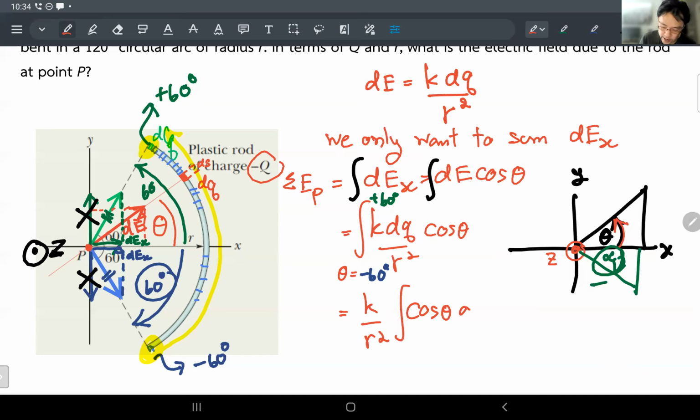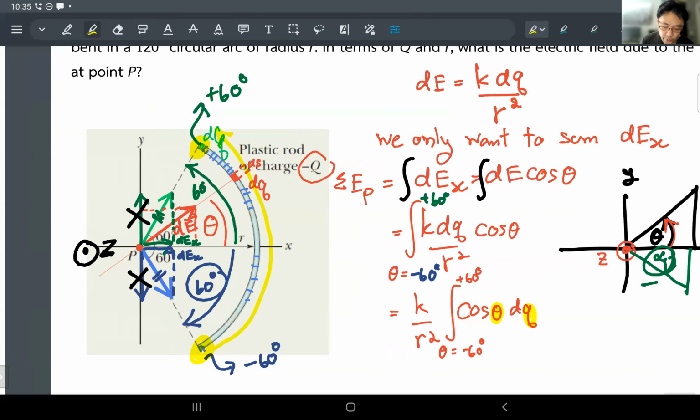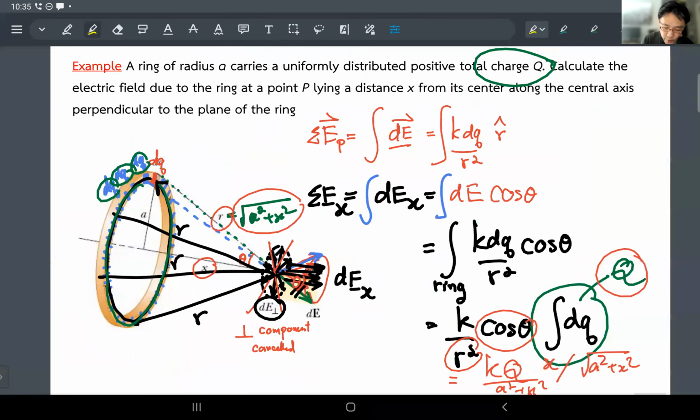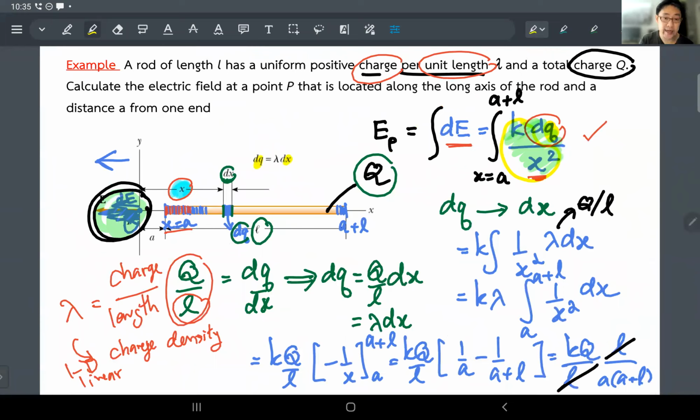dq is still there. So now this is not an easy integral anymore, because we have the same problem again. Your integrating variable is q, but the function you are trying to integrate is in terms of theta. So one more time, you have to bridge between the q and the theta, just like what you bridged before between the dq and the dx back when you did the straight rod along the x-axis.